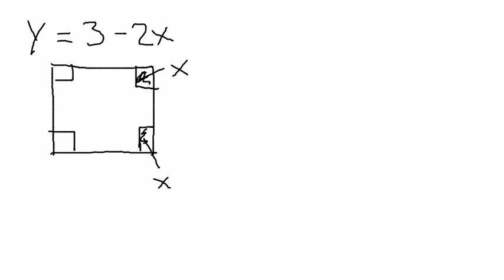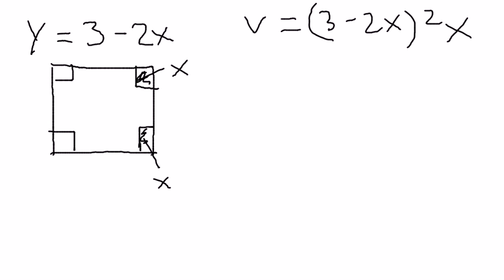So the way we find out what the volume is: volume equals (3 minus 2x) squared times x, because you're multiplying the base times the height times the width. And since it was 3 and we took off the x, the base is 3 minus 2x, and now the height is x, that part that we took off right there.